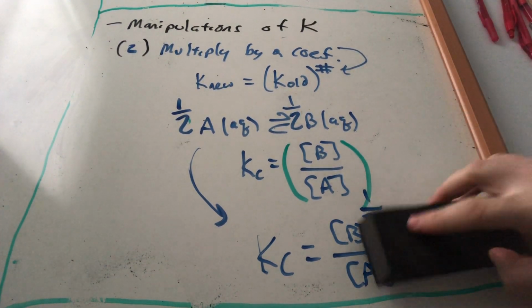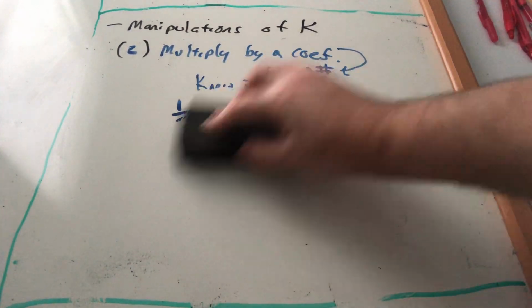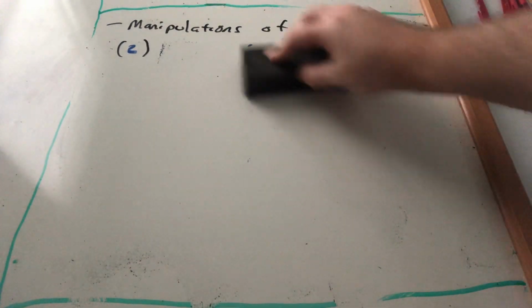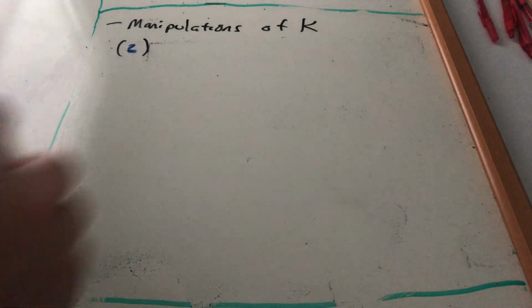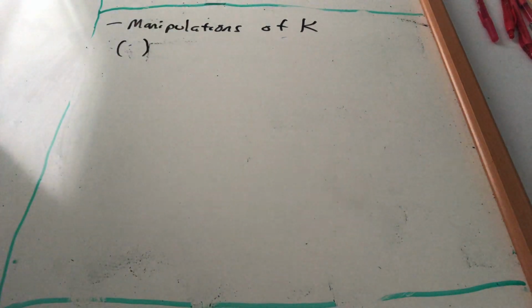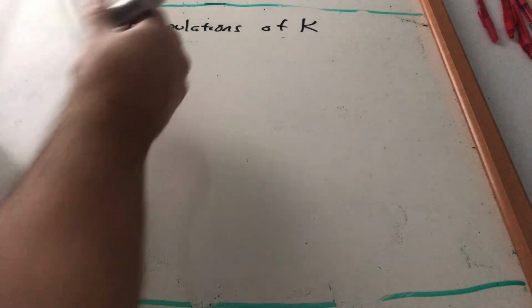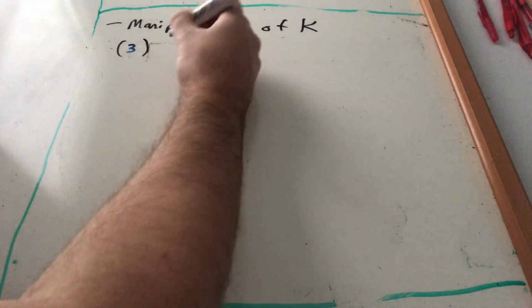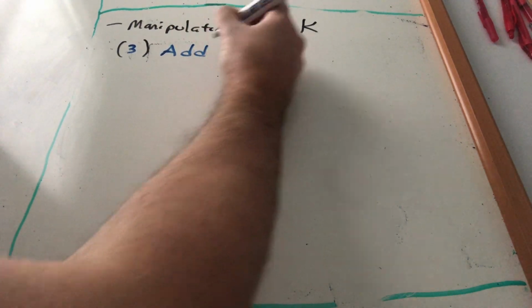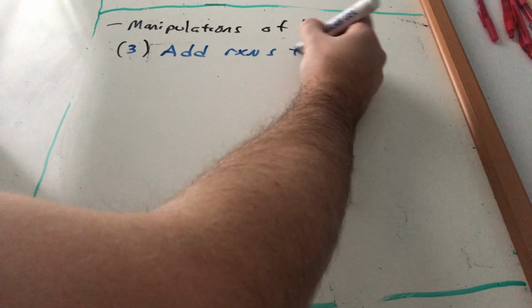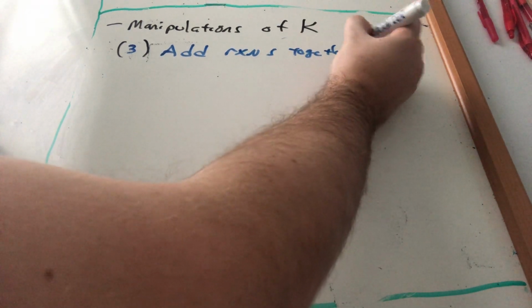And the last manipulation of K that we have to talk about is that we can add reactions together to get an overall K, all right? So if we add reactions together, kind of think of a Hess's law type problem.